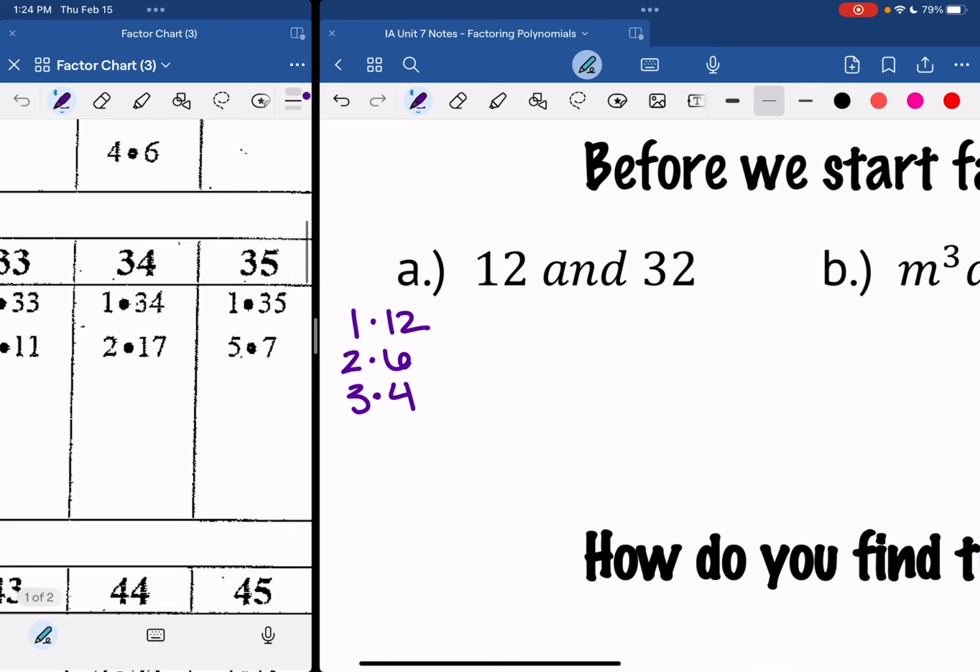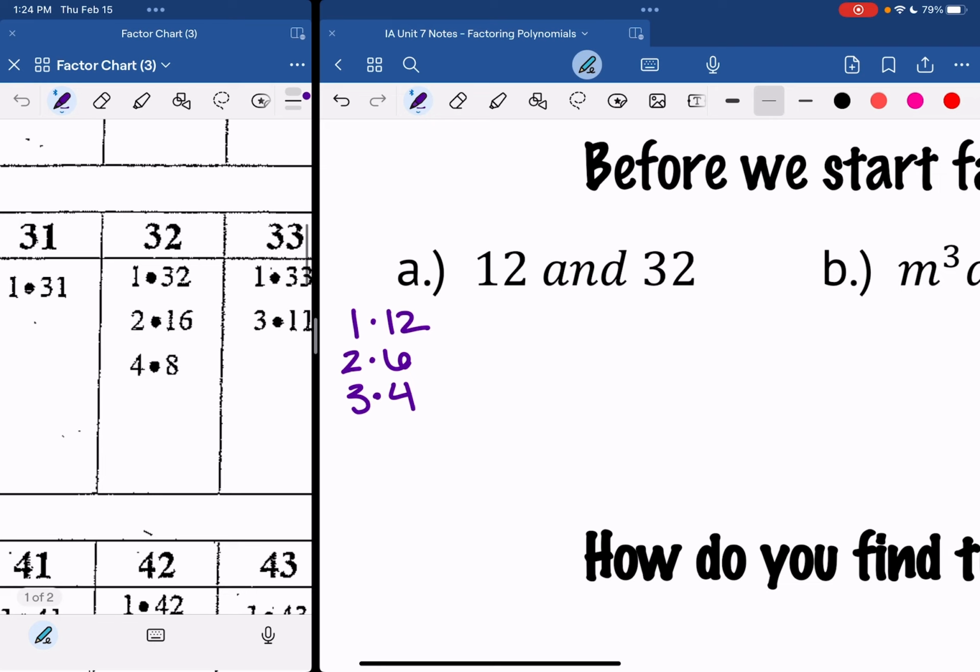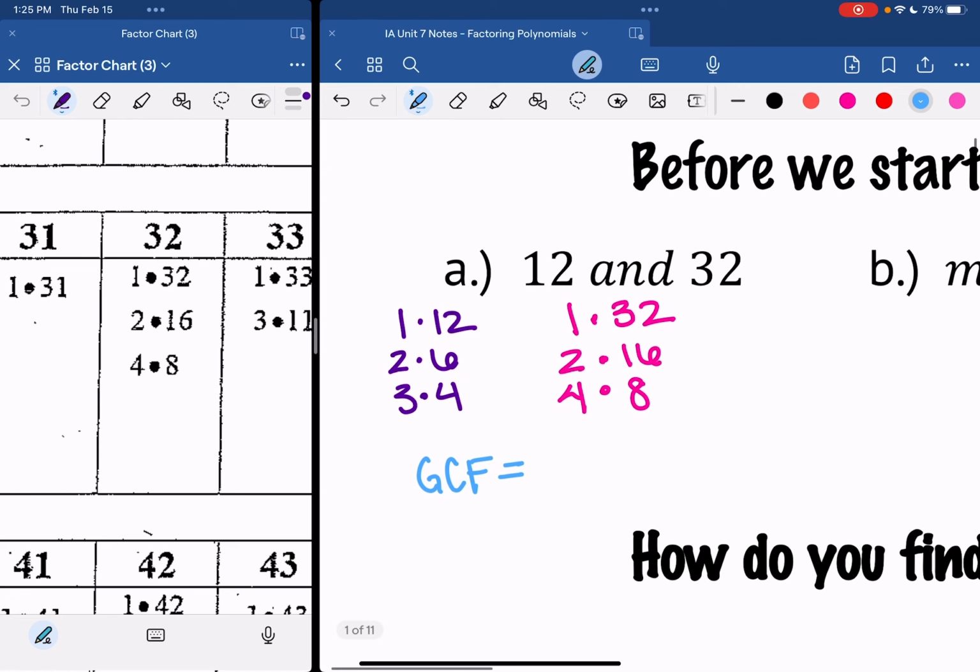Now let's go to 32. 32 is 1 and 32, 2 and 16, 4 and 8. Now the greatest common factor is what they share. So what do they share?